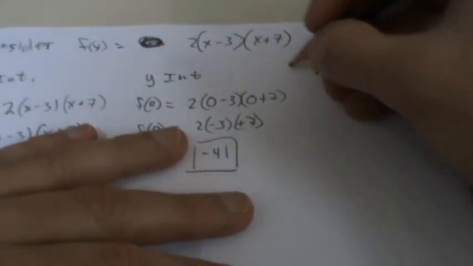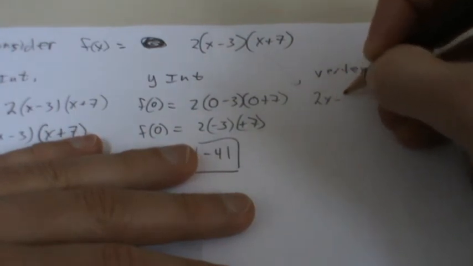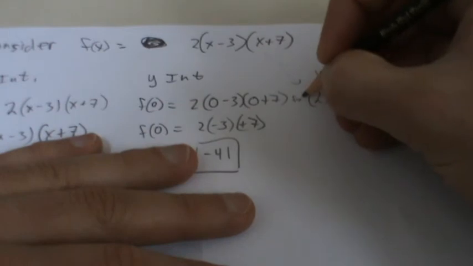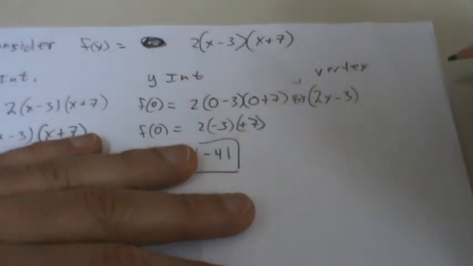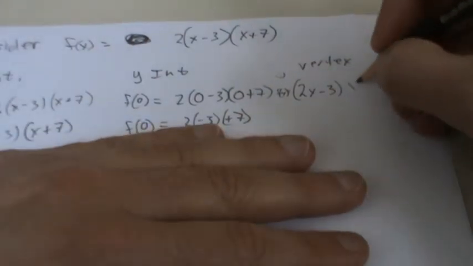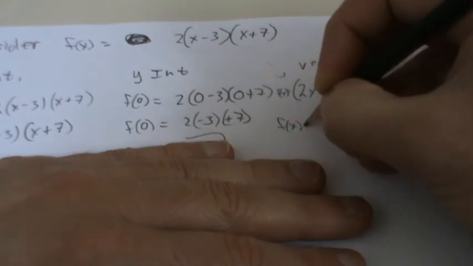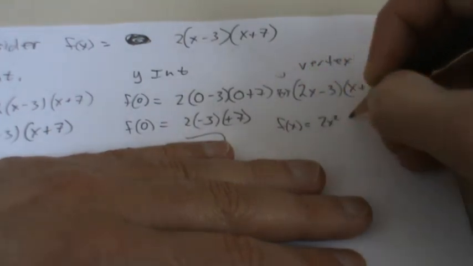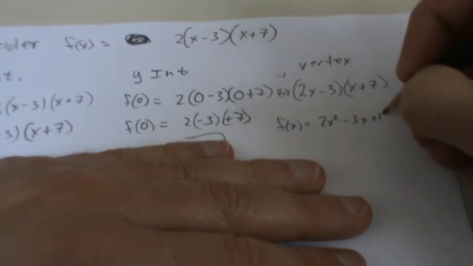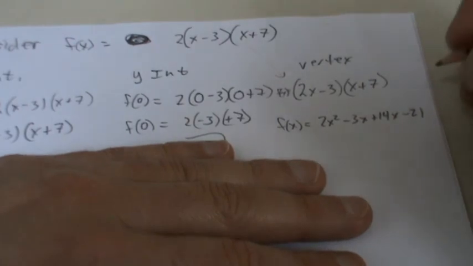Standard form is going to be 2x minus 3, I just wrote f of x right there, times x plus 7. F of x is equal to 2x squared minus 3x plus 14x minus 21.